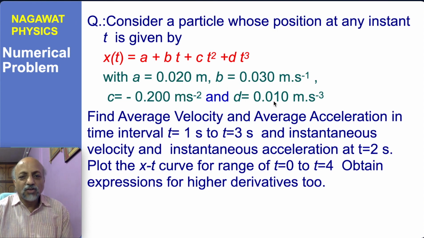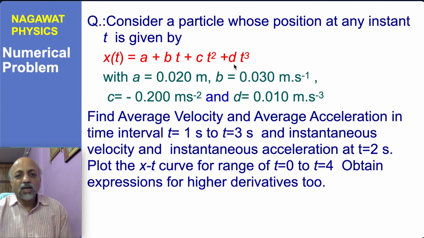Remember a, b, c and d each have different dimensions and units. Because if x has dimension of length, every term appearing in the addition should have a dimension of length. So a should have a dimension of length, bt should have dimension of length, so b should have dimension of length upon time. ct square should have dimension of length, which means c must have a unit of length and time inverse square, so meter per second square, and d should have meter per second cube.